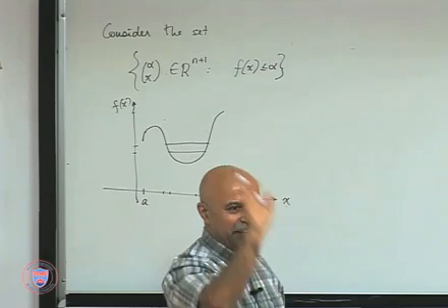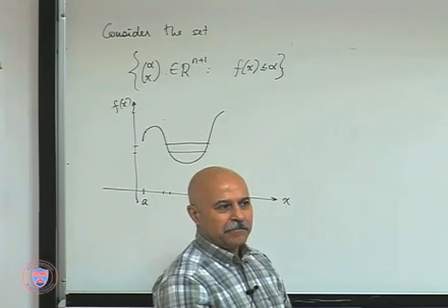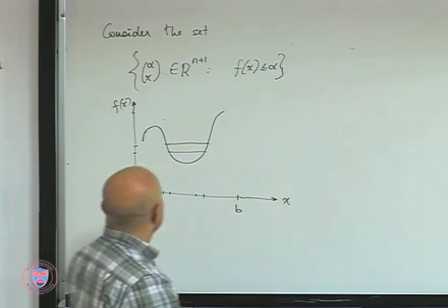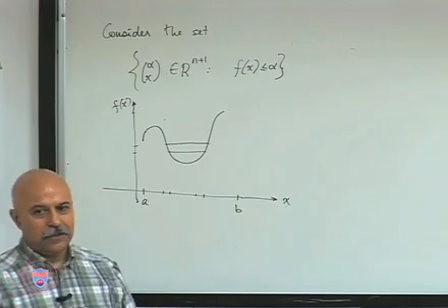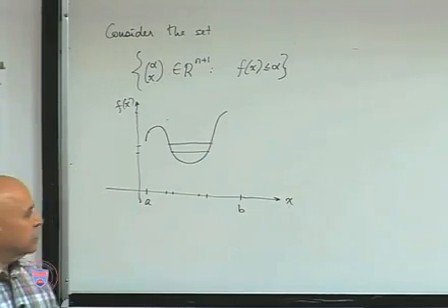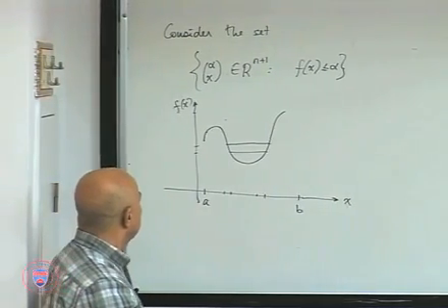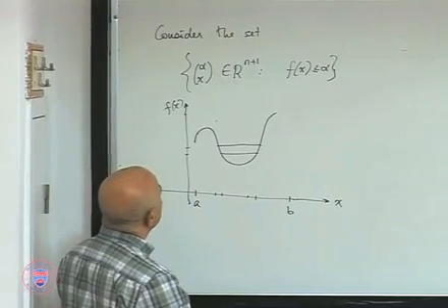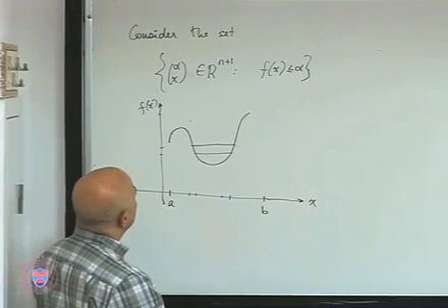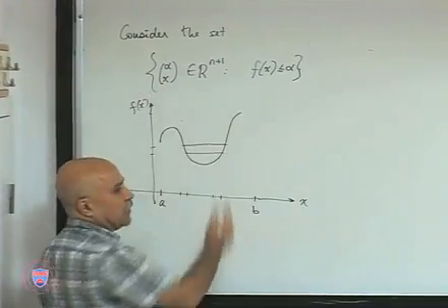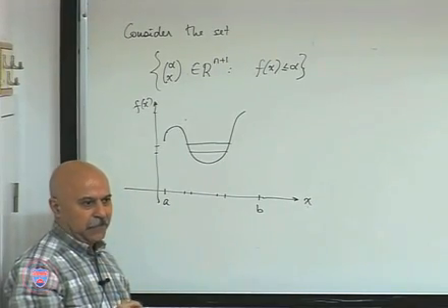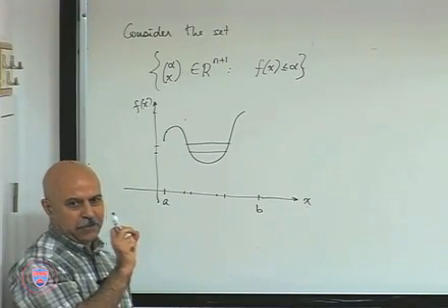Is that a corresponding function? No, it's not. It doesn't have to be. So alpha is not a fixed point here. In the other one, alpha is a fixed point. It's a fixed number.